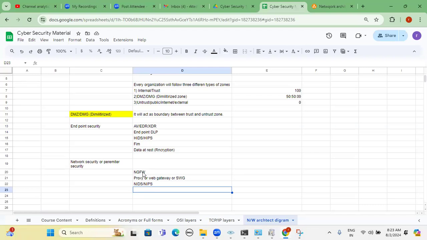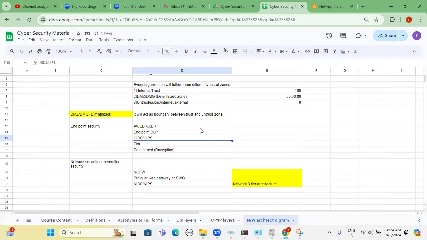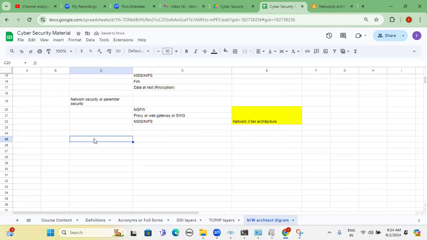This layered approach we call a defense in depth approach. These three solutions are also called the network three-tier architecture. So that is about network security and perimeter security.